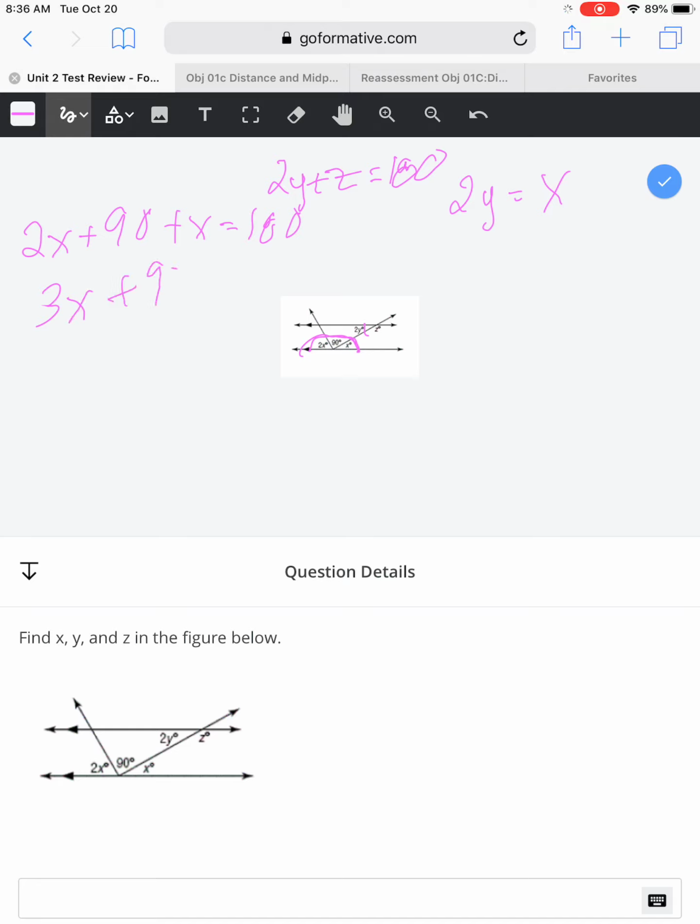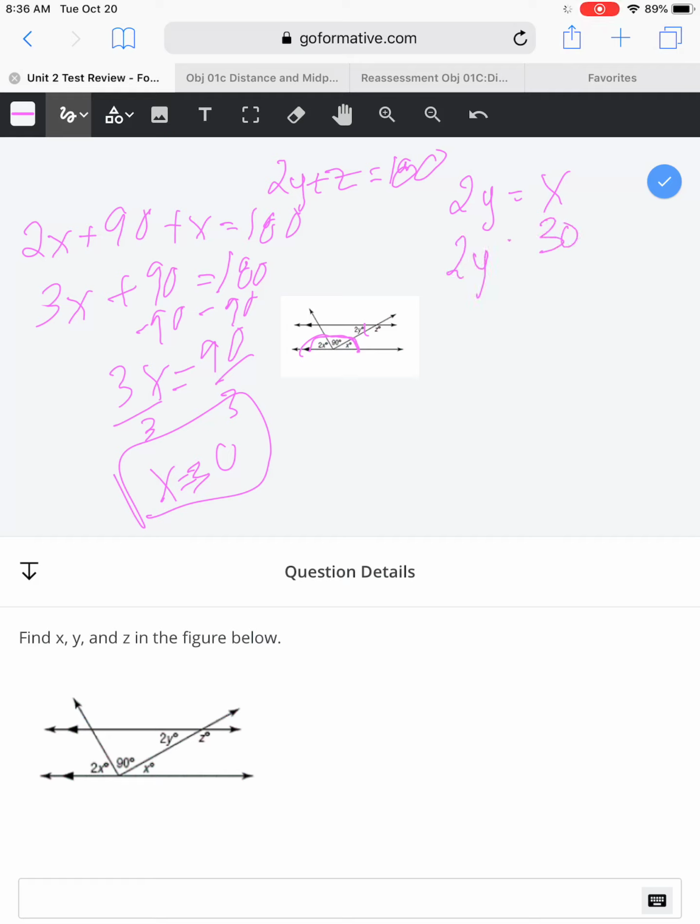So 3x plus 90 is equal to 180. 3x is equal to 90. X is equal to 30. Once I knew x was equal to 30, then this becomes solvable, because I know 2y is equal to 30, so therefore y is equal to 15.